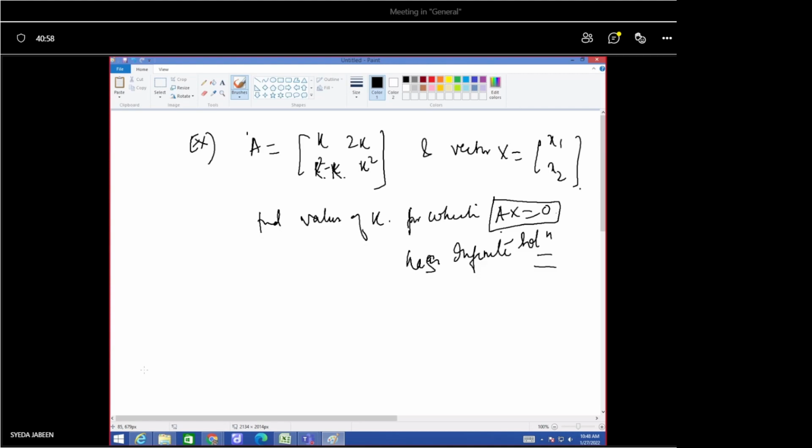K is not equal to 2. हाँ क्या आ रहा है? K not equal to 2. Are you sure? एक बार चेक करना। ठीक से चेक करो। K equal to 0 और क्या आ रहा है? अगर K 0 हो जाएगा तो क्या हो जाएगा?